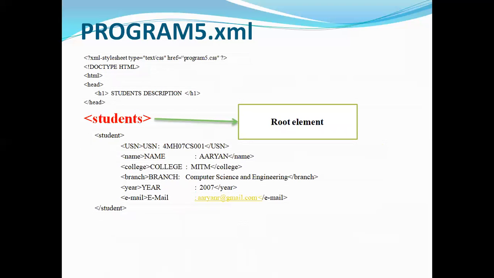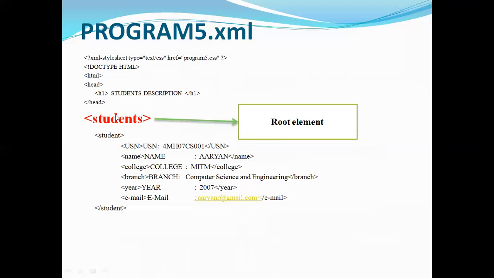Next, coming to the students. Here from students onwards, it is called the document body of the XML document. Students means here the students, try to understand, I'm using students, don't get confused. Here it is students, the next tag is student. As I said earlier, if you are adding an extra character, or if you are changing the case of the characters in the tag, then it behaves like two different tags.